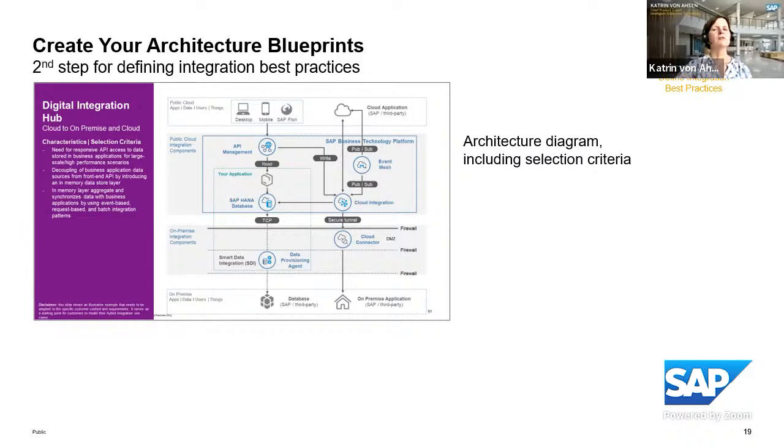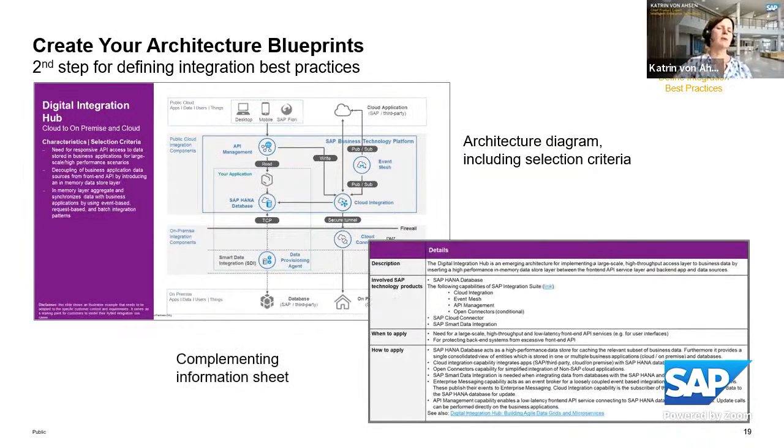It's recommended to define these architecture blueprints on the level of integration domains. So for instance, for cloud-to-cloud scenarios, for hybrid integration scenarios, in conjunction with the integration use case patterns. So here I'm referring to the cross use case digital integration hub.